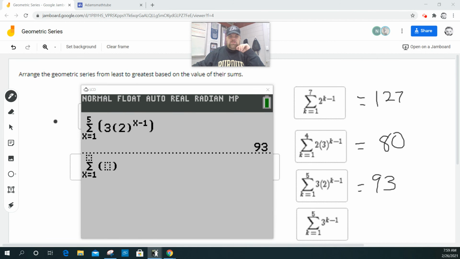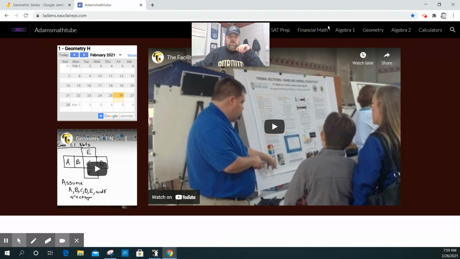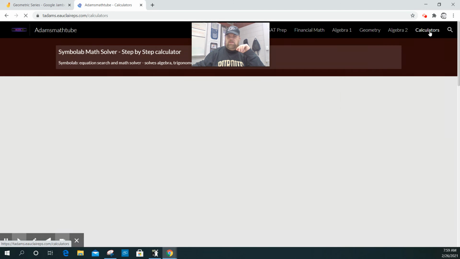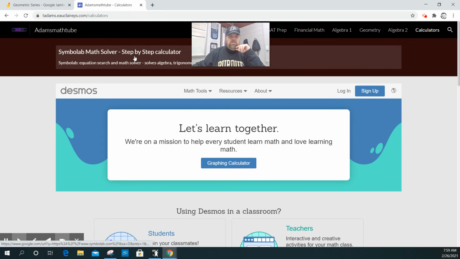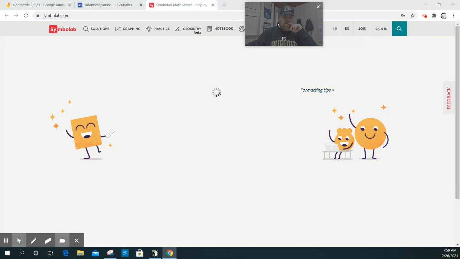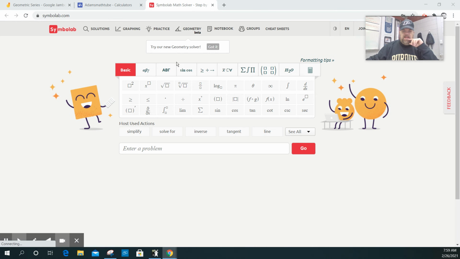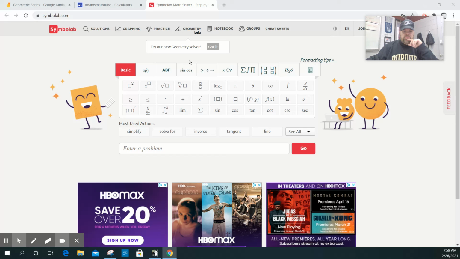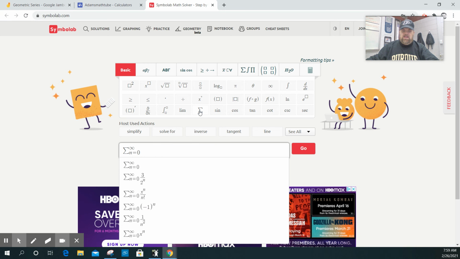Actually, we know how to do that, but sometimes you're at home and maybe you don't have one of these fancy calculators. So if you go to my website and click on calculators, the first calculator that pops up is the Symbolab calculator. What I like about Symbolab is that it has summation notation already built in. This right here is sigma, the capital letter.